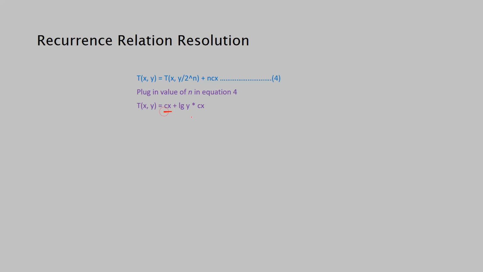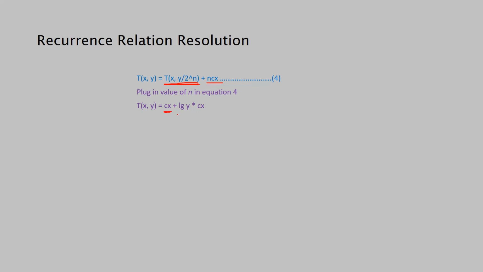This is cx because when it hits the base case, we have seen the time complexity is theta of x, so the time taken of this will be theta of x, so we can write cx plus ncx.